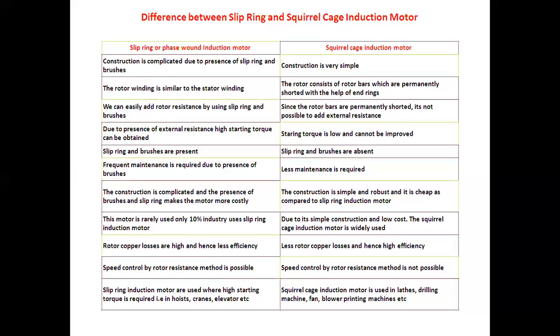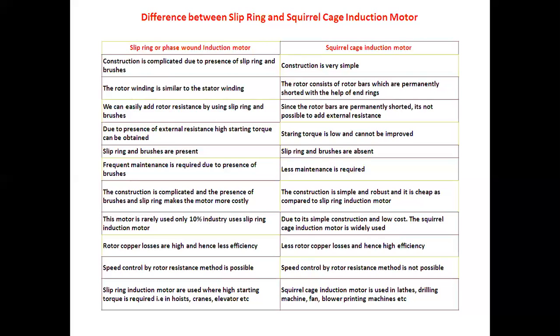The complicated construction and the presence of brushes and slip rings make the slip ring induction motor more costly. For the squirrel cage, the construction is simple and robust and it is cheap compared to the slip ring induction motor. The slip ring motor is rarely used, only 10% of industry uses it.